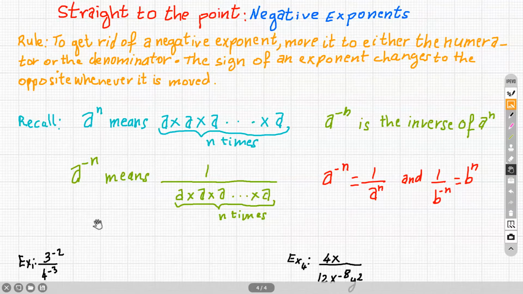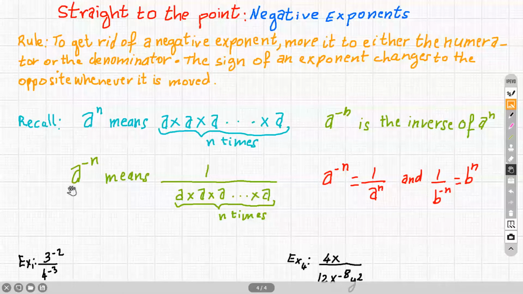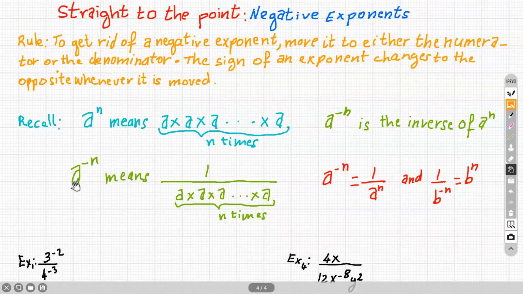This means that we are dividing by a, n number of times. Just remember that a to the n and a to the negative n are inverse operations of each other, as multiplication and division are inverse of each other, right?